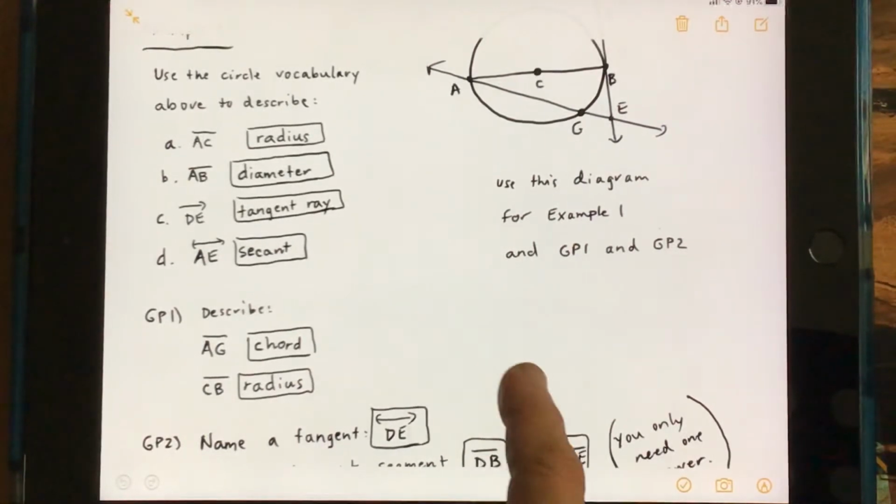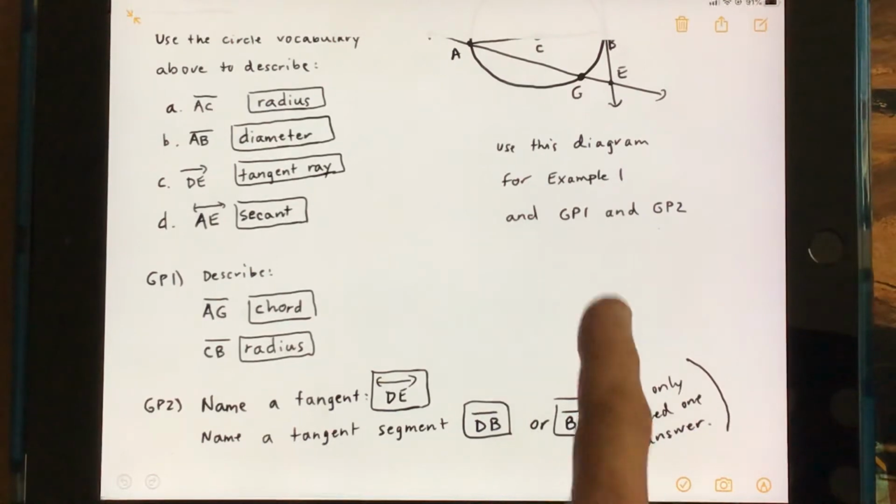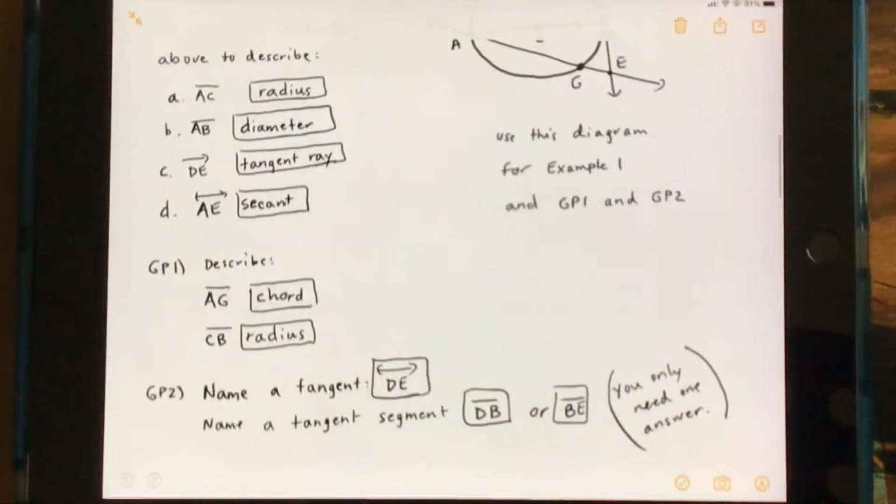We're going to take a look at guided practice 2 that does refer back to that same diagram. Name a tangent. Lots of ways to do this right, but the way I chose was line DE because line DE touches the circle at 1 point, point B. Finally, on guided practice 2, we are to name a tangent segment, and there's lots of possibilities.